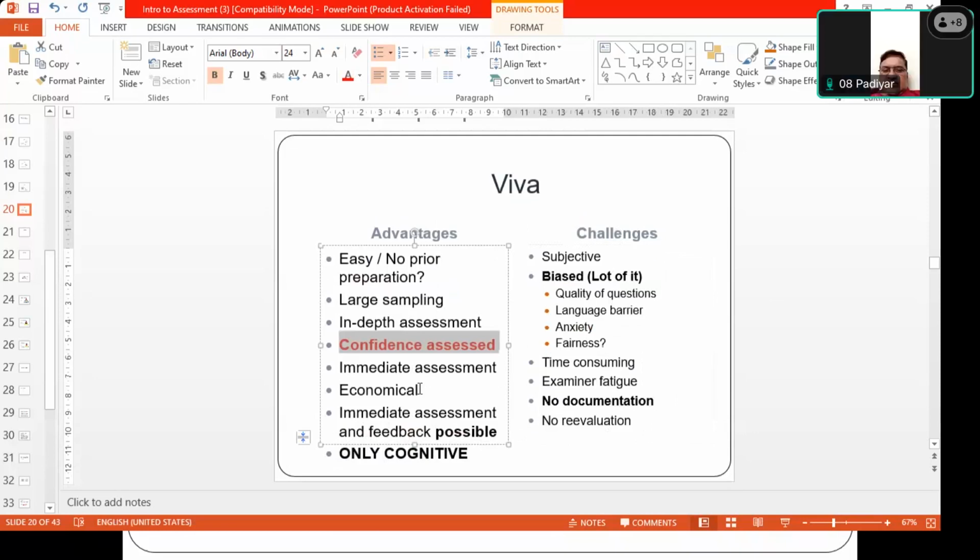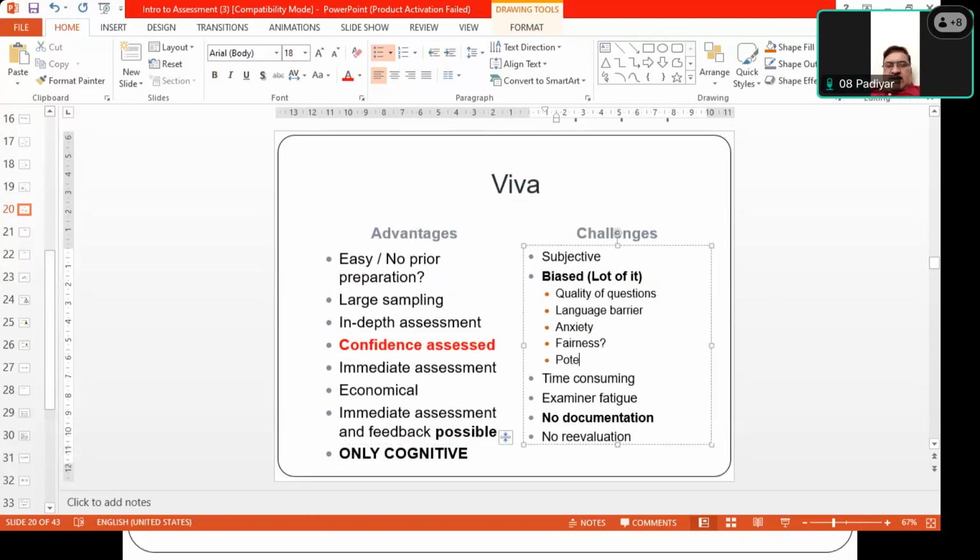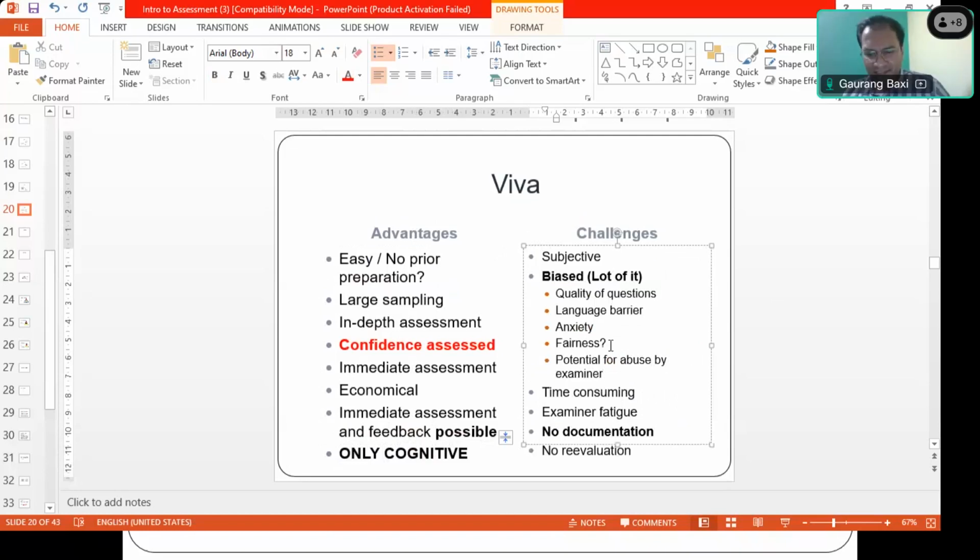Sir, on the other hand, this viva can be easily abused to give more marks to somebody who doesn't deserve. So that's what I said, loads of biases, a lot of opportunities for bias, which is possible using vivas, but yet it is still possible to overcome all these challenges.